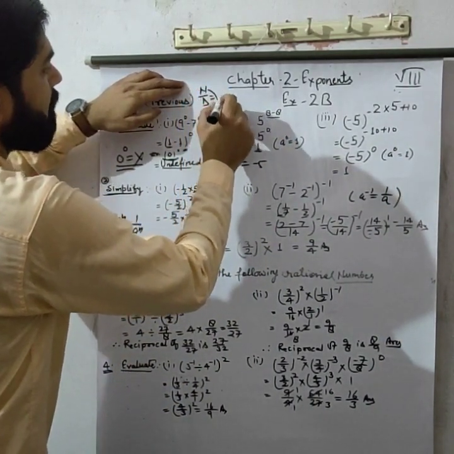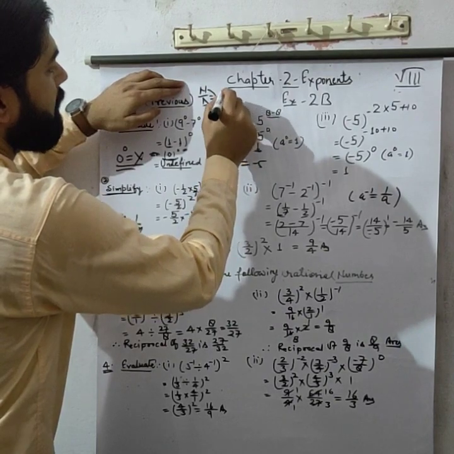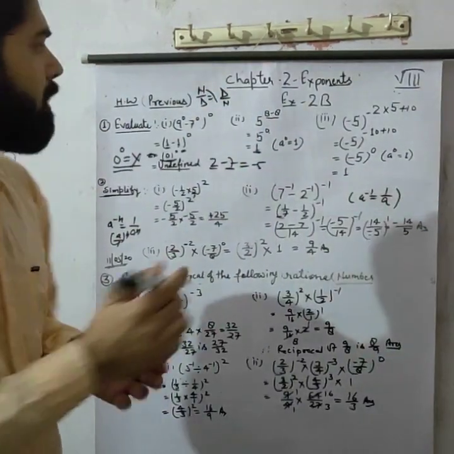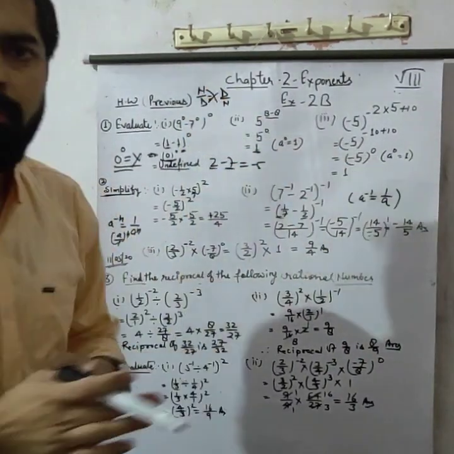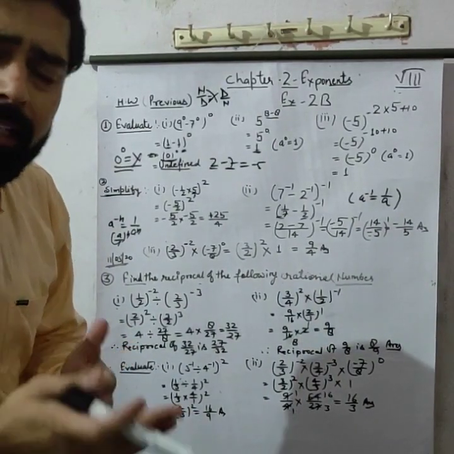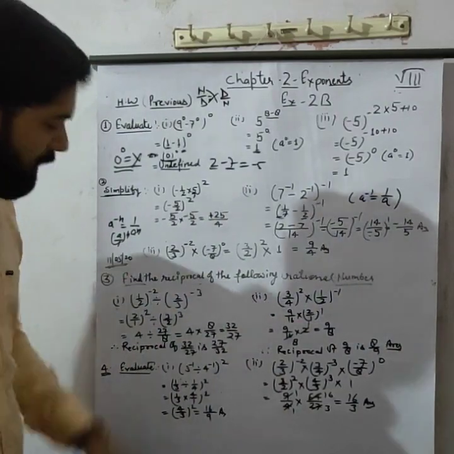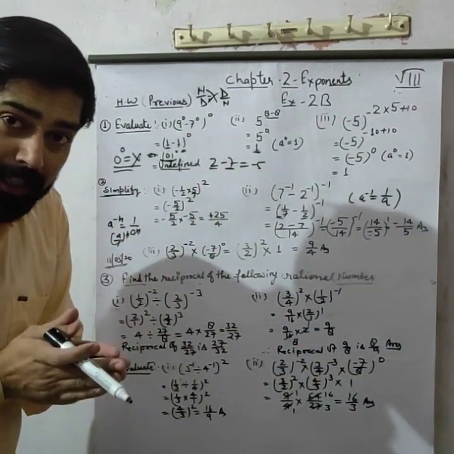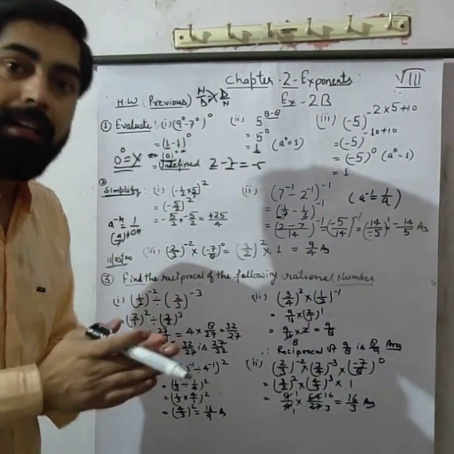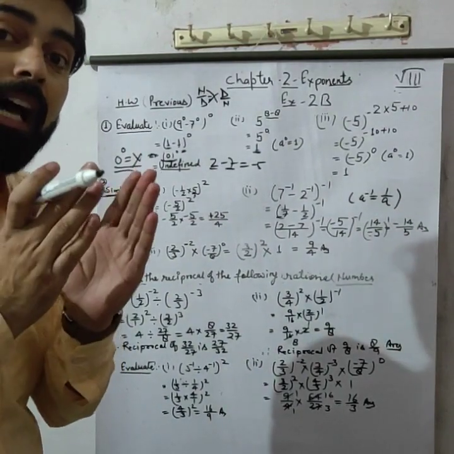The numerator we write as the denominator and the denominator we write as the numerator. So firstly we solve the question and then we write the reciprocal of the answer.